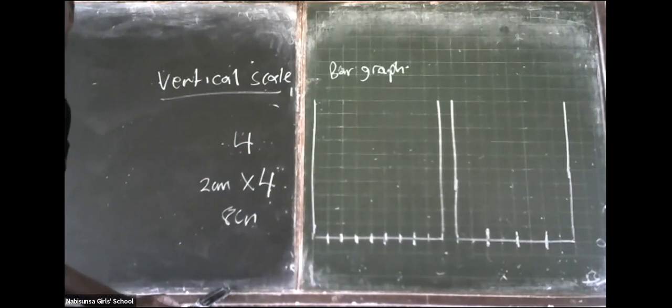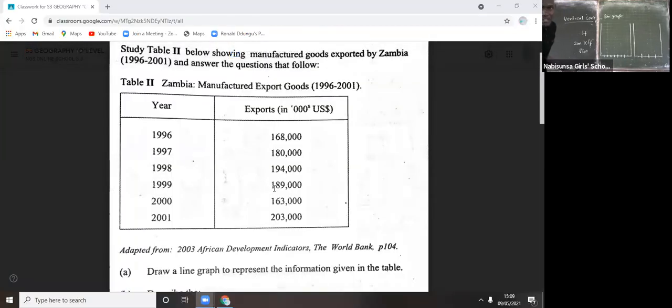And now let me share these ones. We are going to take only the first 4 years. So let me write them here, the first 4 years. We are having 168,000. Then we have 180,000.